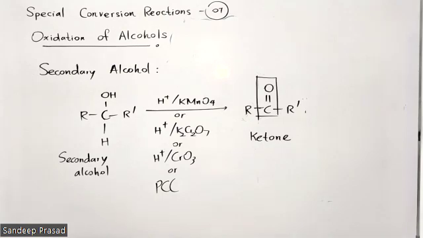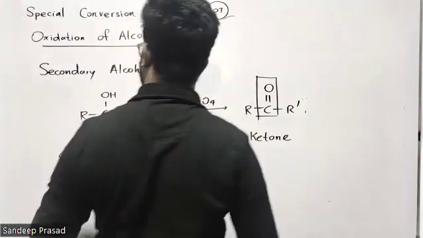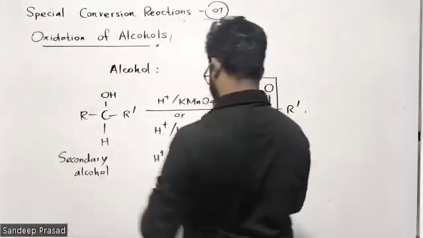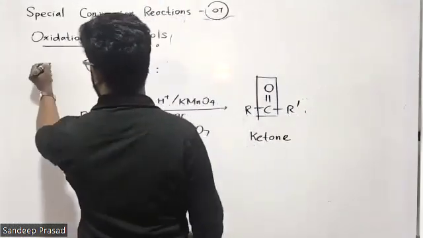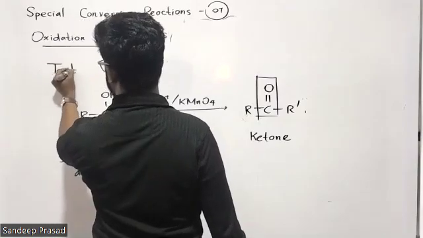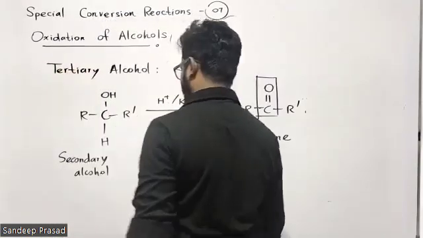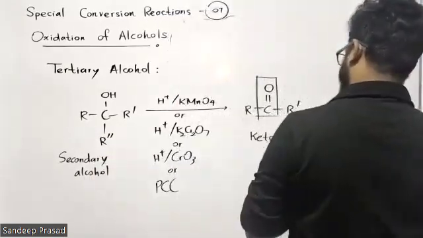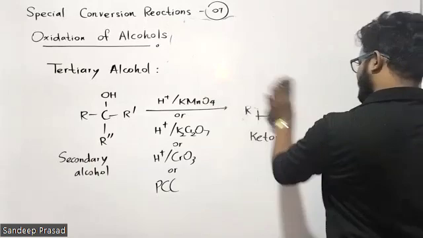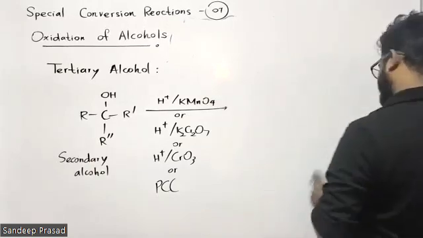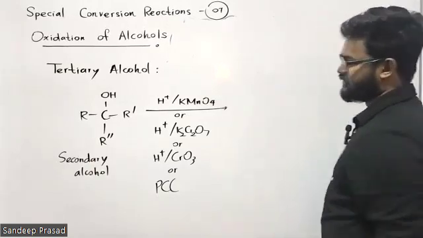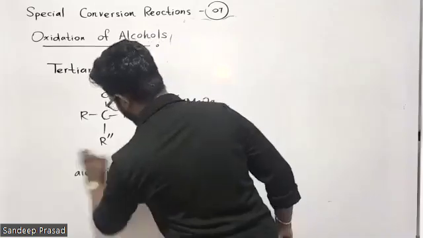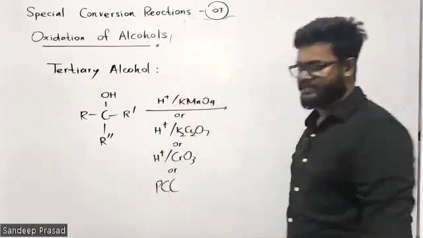Right, students, what do you think about tertiary alcohols? We have tertiary alcohols. Oxidation of tertiary alcohols. Let me take R double dash. Students, remember, there won't be any reaction with these oxidizing agents.